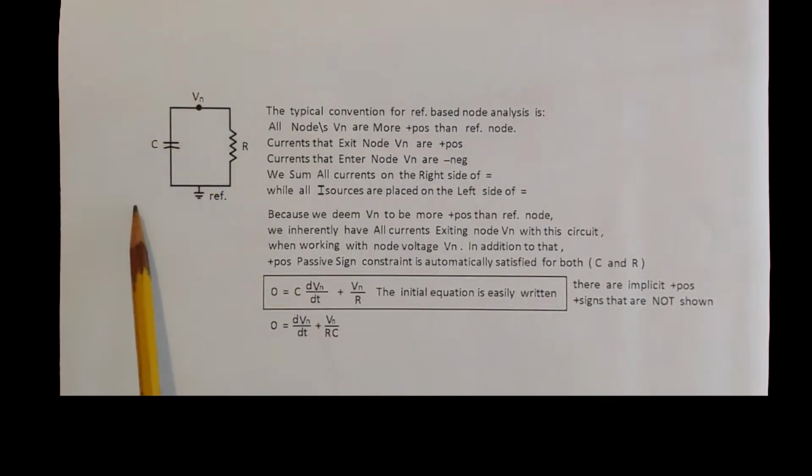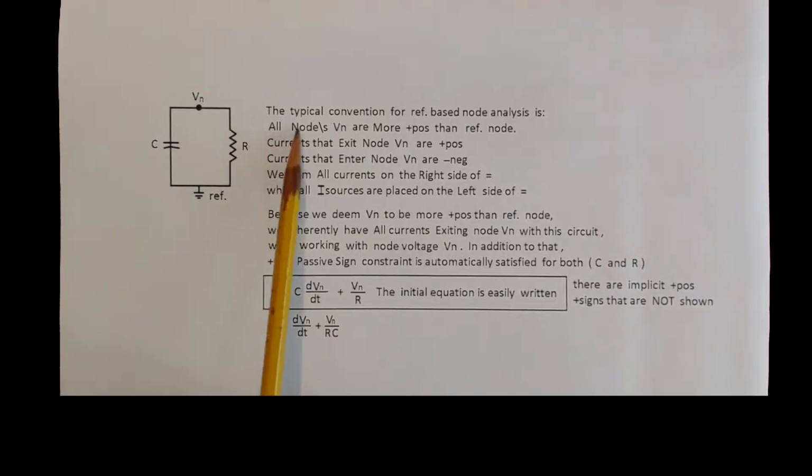Kind of like when we draw mesh arrows all clockwise. We don't really know the whole flow is going clockwise, but we just use the clockwise direction for our mesh arrows or loop arrow. It's just a standard way to do it. It makes the equation writing more similar for every circuit we do, and it helps to minimize errors.